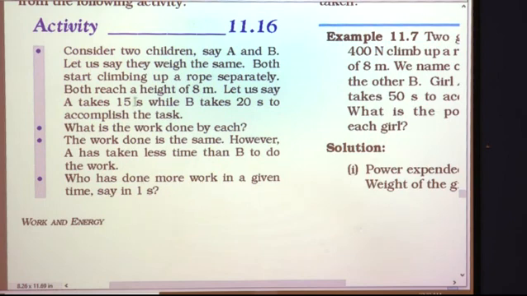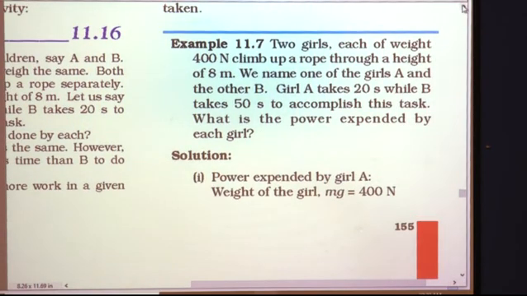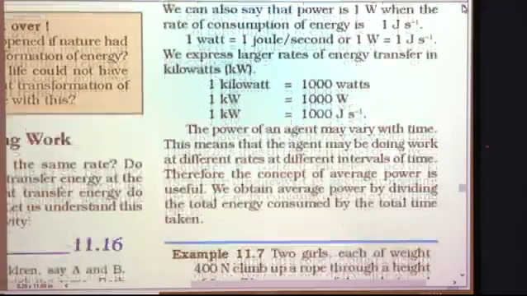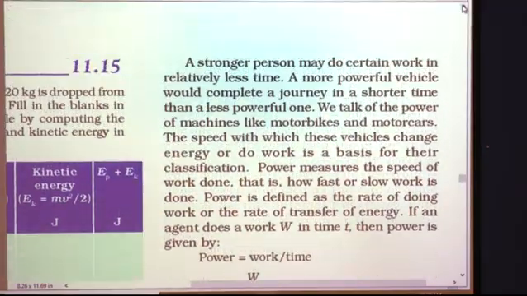So here more work is done in 15 seconds as compared to 20 seconds, meaning more work is done in 1 second by the first child, that is A, as compared to the second child, that is B. So, as the total work done is similar, but in a particular given 1 second of time, more work is done by A as compared to B.